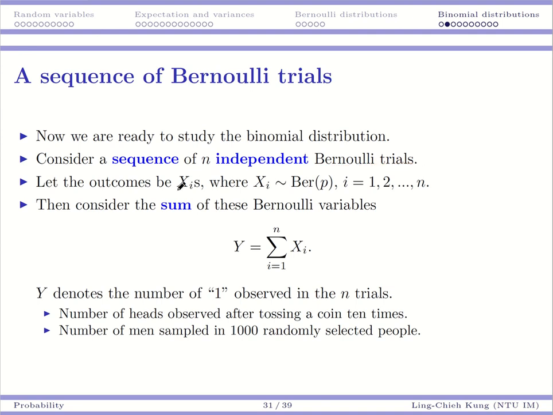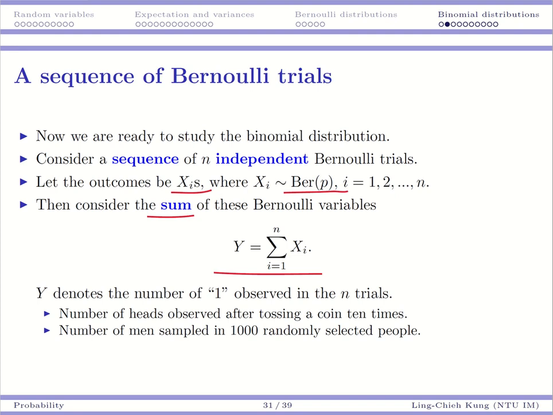In that case, we can say the outcomes are Xi, where X1, X2, X3, X4 are all Bernoulli random variables. Okay, so in that case, let's consider the sum of these Bernoulli random variables. Let's say the sum is Y, or the sum is X, whatever.